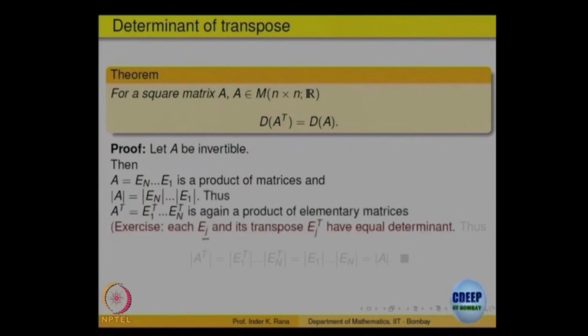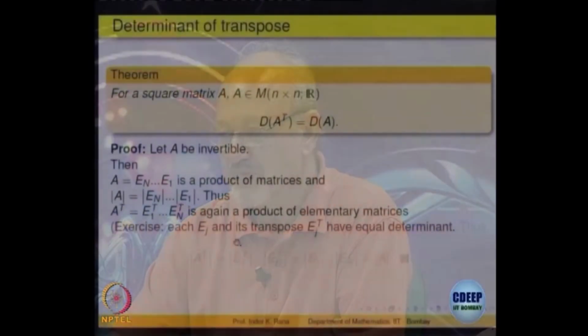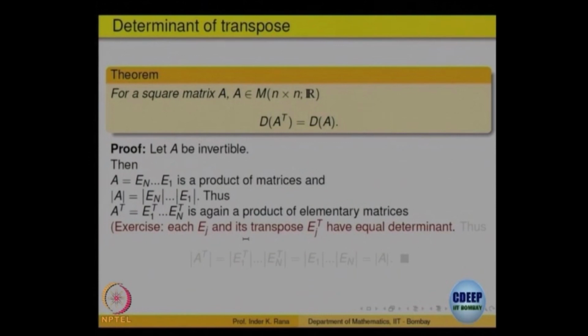Now, the only thing is to show that if you take an elementary matrix and take its transpose, the two have the same determinant. That is simple because a lot of zeros are coming, right. So, that we are leaving as an exercise, note it down that if E j is any elementary matrix of any one of those types and you take its transpose, then they have the same determinant.